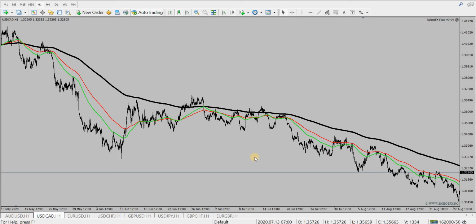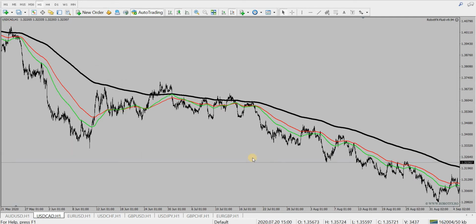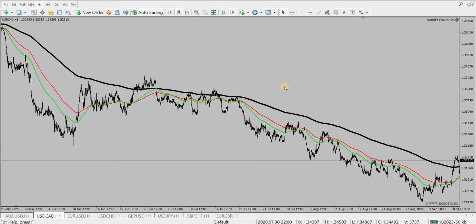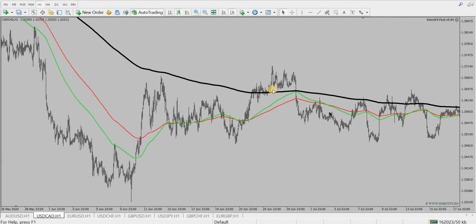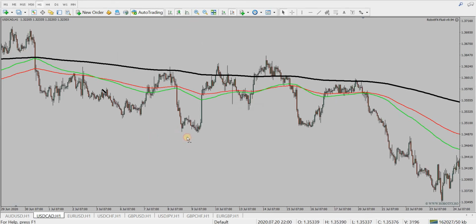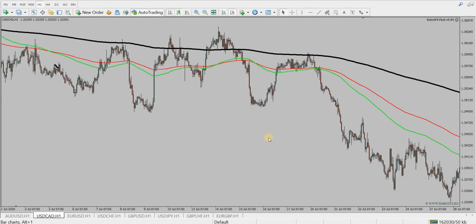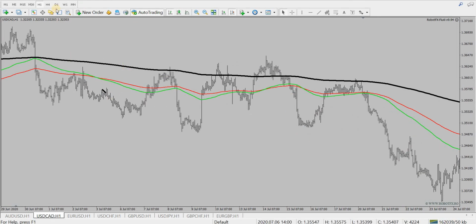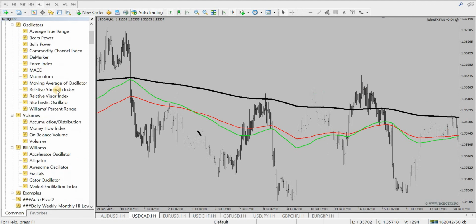Now I'm deleting these lines, and I will focus on the same trend chart, trend period of time, on the signal moving average to determine the entries. Now I'm going to zoom, because I need to see the indicator.